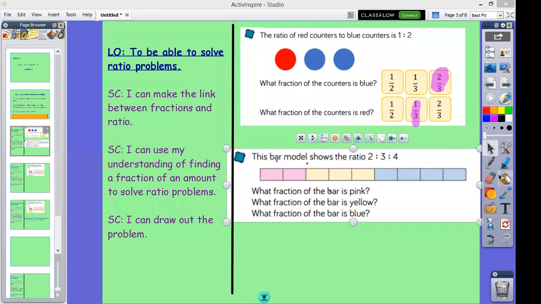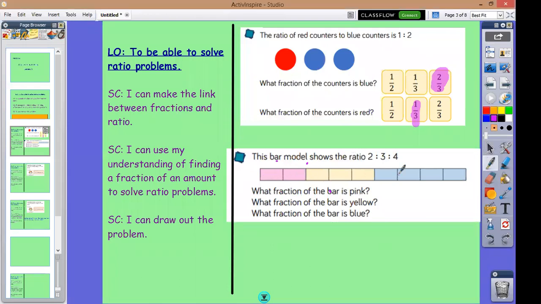The first thing that we need to do is count how many we've got all together. We've got 1, 2, 3, 4, 5, 6, 7, 8, 9. And actually, if we just added that, you'll notice 2 add 3 equals 5, add the 4 equals 9. So I already know it's out of 9.